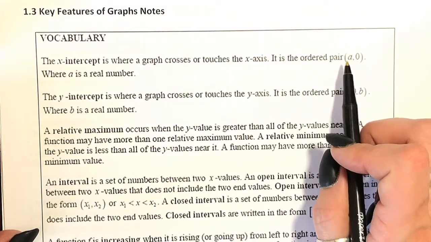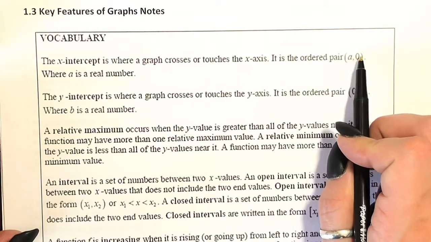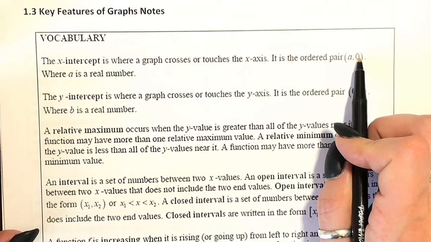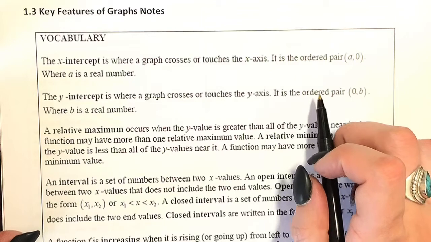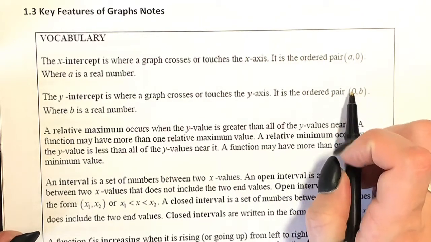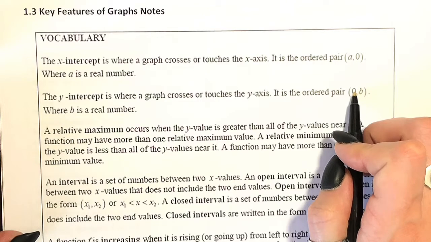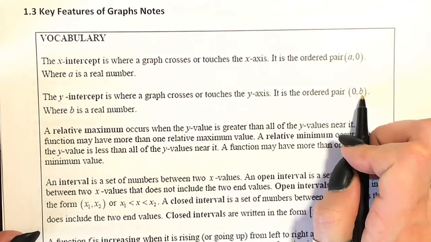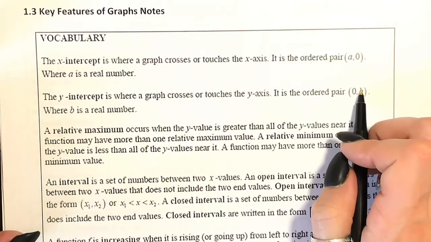So for an x-intercept, (a, 0), a is going to be the number that it's crossing through the x-axis, and then it's always going to be 0 for y, since if you're on the x-axis, your y is 0. And then for the y-intercept, it's the opposite, because the x will always be 0 when you are on the y-axis, and then b is going to be your height for your number on the y-axis.